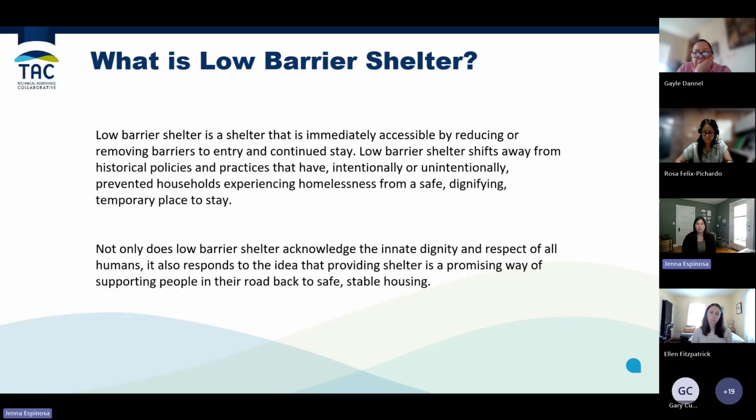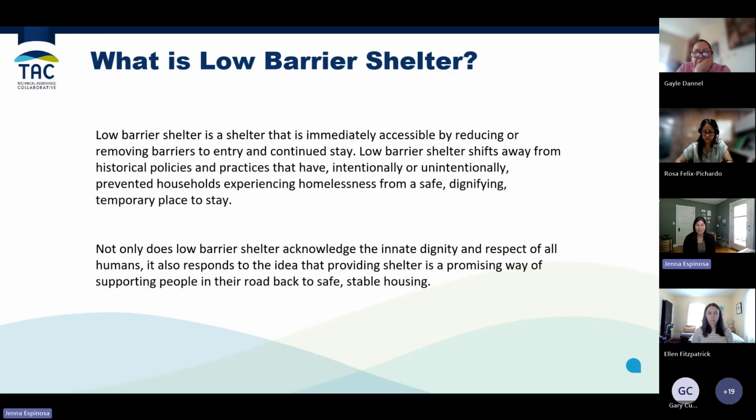So historically, we've seen shelters and currently many shelters use policies and practices that have either intentionally or unintentionally prevented households experiencing homelessness from having a safe, dignifying, and temporary place to stay.